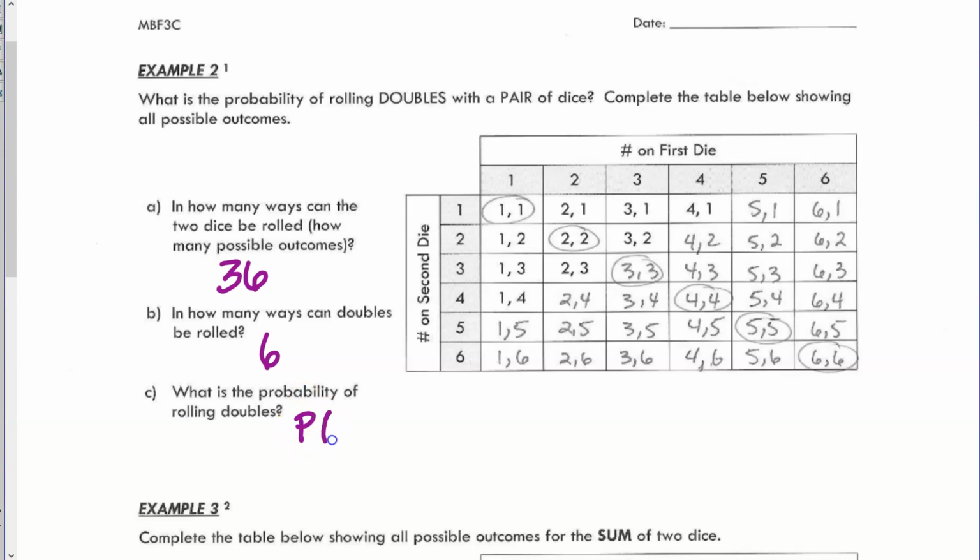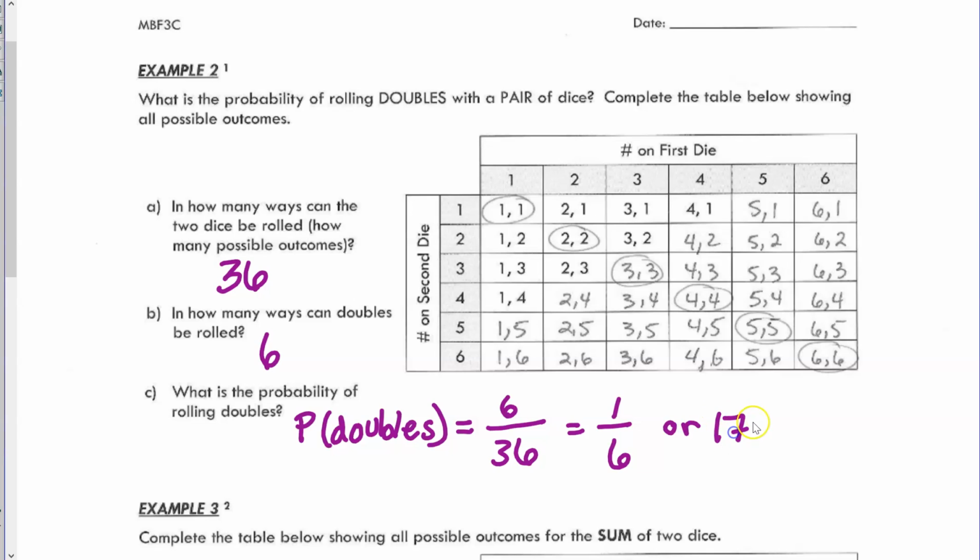Okay, so the probability of doubles is equal to, how many successful outcomes are there? 6 over 36 total. We can reduce that to 1 over 6, or write it as a percentage, 17%.